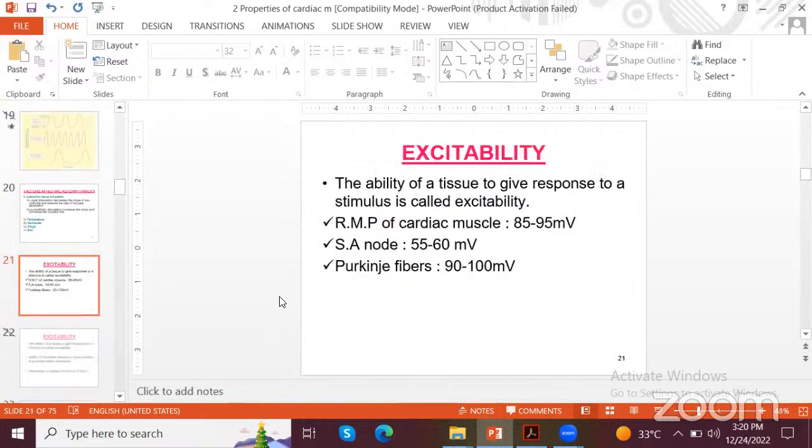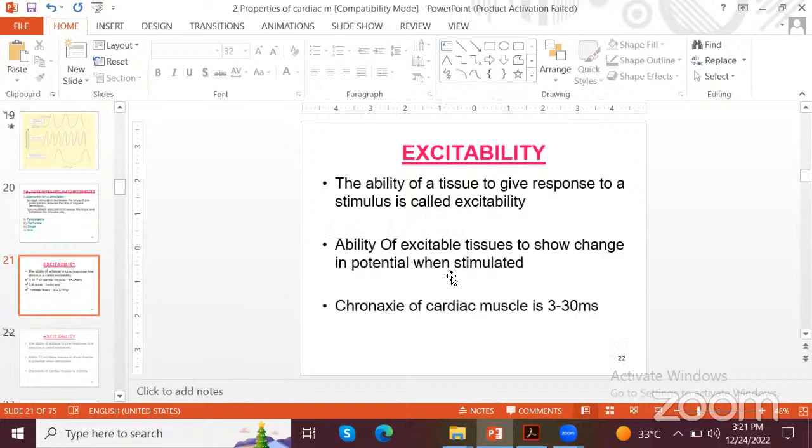And coming to excitability, the ability of a tissue to respond to a stimulus is known as excitability. The resting membrane potential of cardiac muscle is around 85 to 95 millivolt. The SA node is around 55 to 60 millivolt, and the Purkinje fibers around 90 to 100 millivolt.